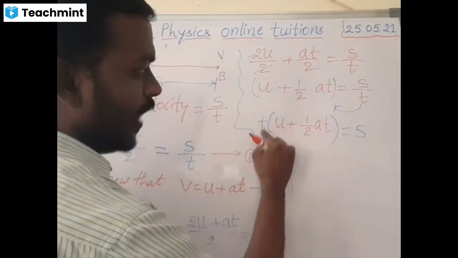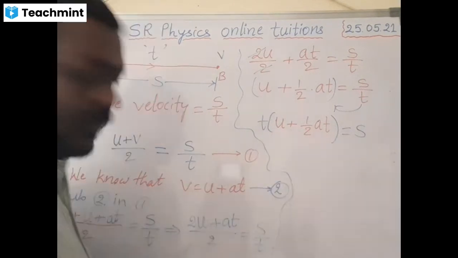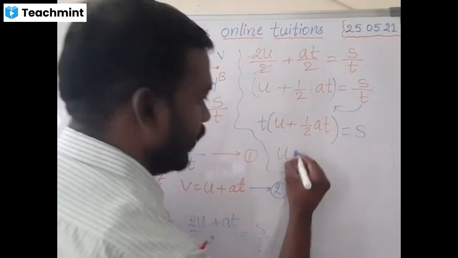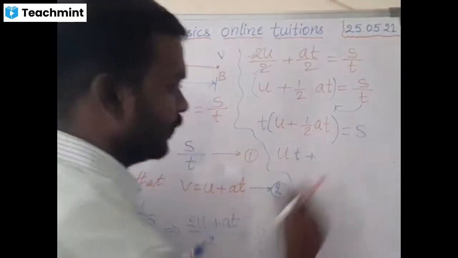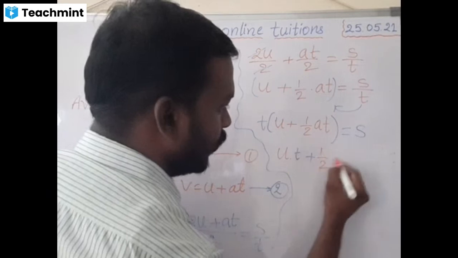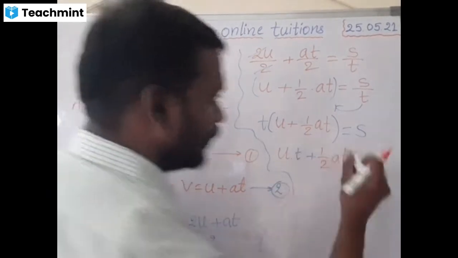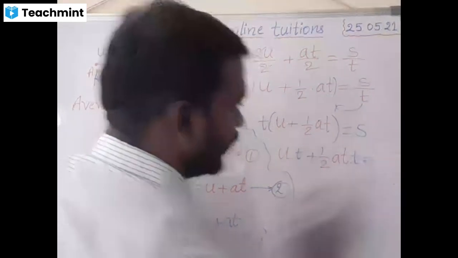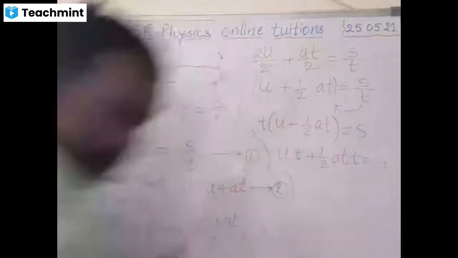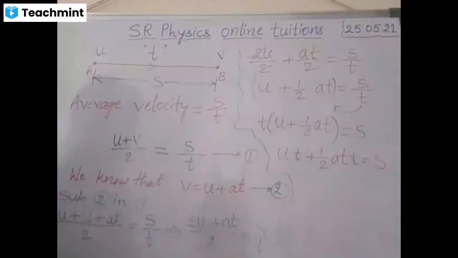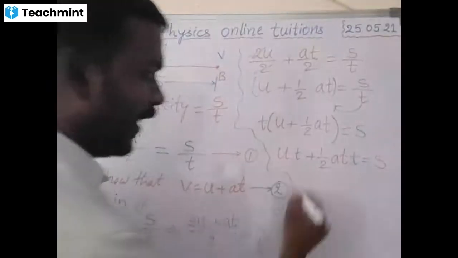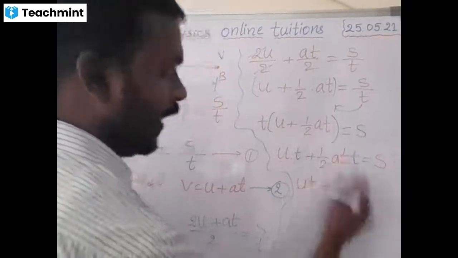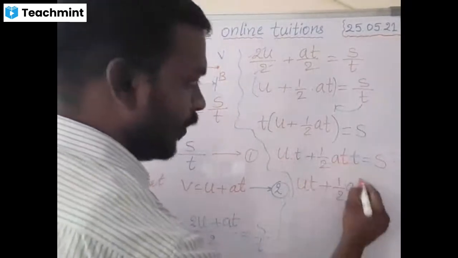Then I'm rewriting it as U into T plus AT into T is equal to S. Is it clear? Now U into T I can take as UT plus of AT into T, T square.